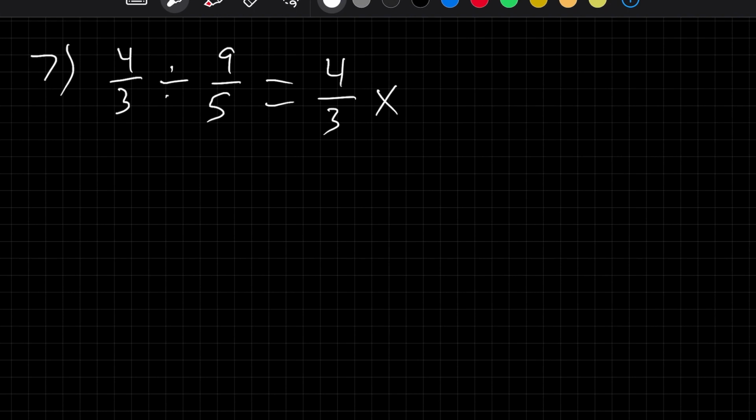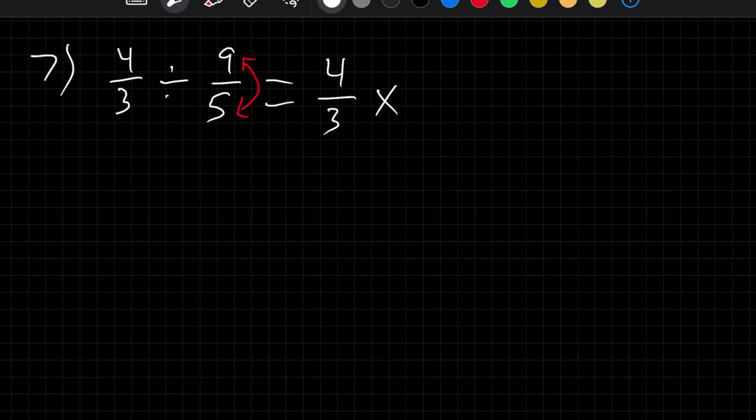Okay, let's do another one here. That was the 6th example. Let's do a 7th. All right, now let's divide an improper fraction by another improper fraction. So the way to do this is we write the first one again, but now we're going to multiply.